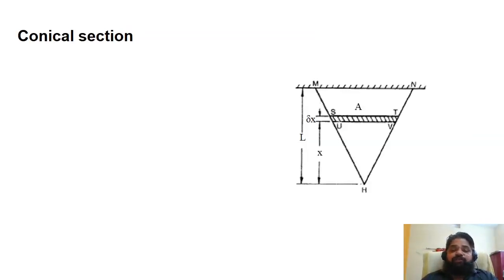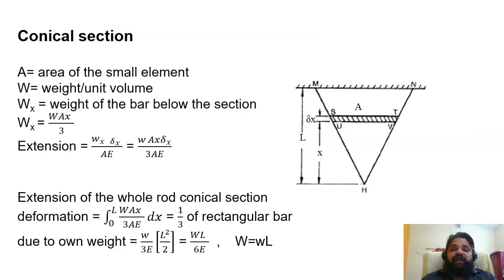All these points M, N, H are already given, and a delta x has been taken from the free end, and the total length is L. The same discussion as in the case of PL by AE has been made here. Wx is equal to the weight of the bar below the section, which is Wax by 3. I believe most of you know where this Wax by 3 comes from.